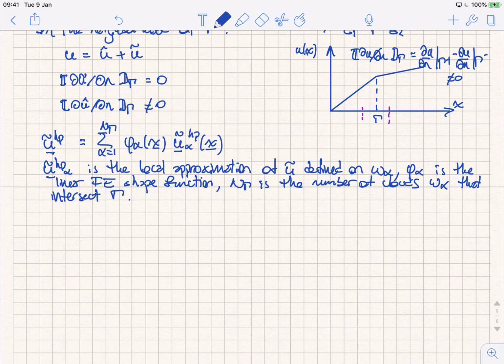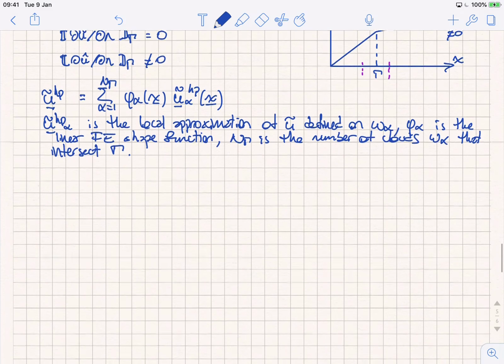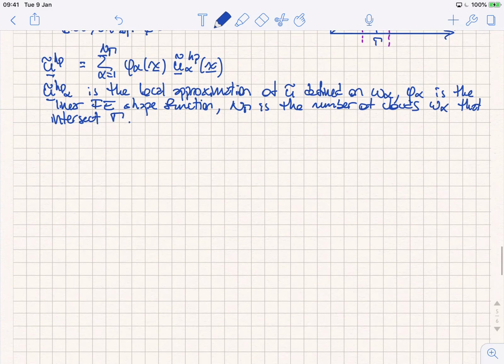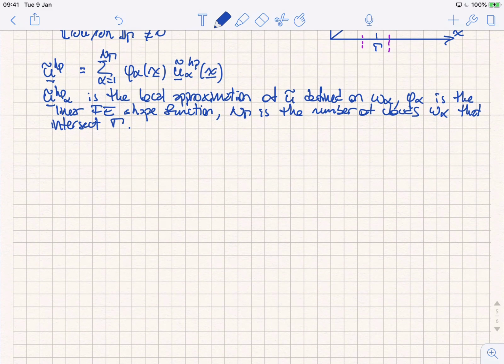So let me make a schematic so that we have a better picture of what we were talking about here. So say you have 1, 2, 3. So this is my finite element mesh.